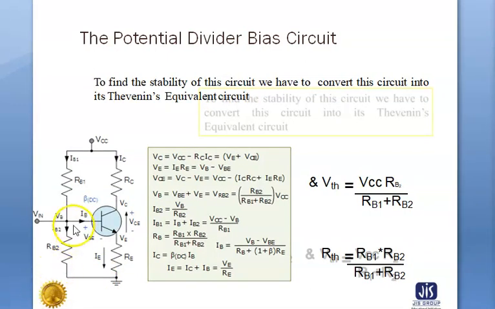Generally, the voltage drop across this resistor RB2 is much less than the voltage drop across RB1. Here clearly the transistor base voltage VB with respect to the ground will be equal to the voltage drop across this RB2.